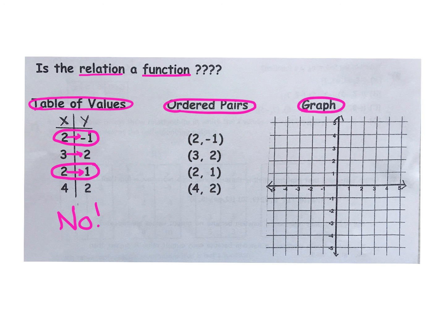Let's take a look at our ordered pairs. We have an input of 2 and an output of -1.